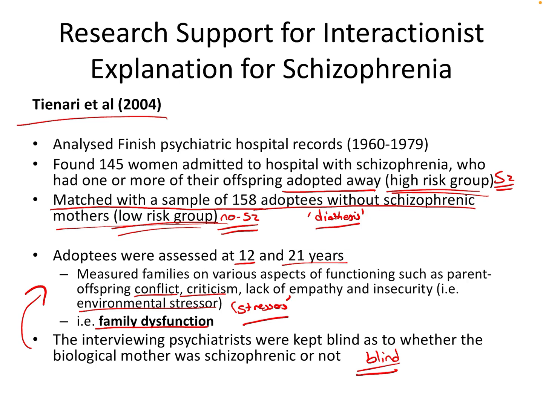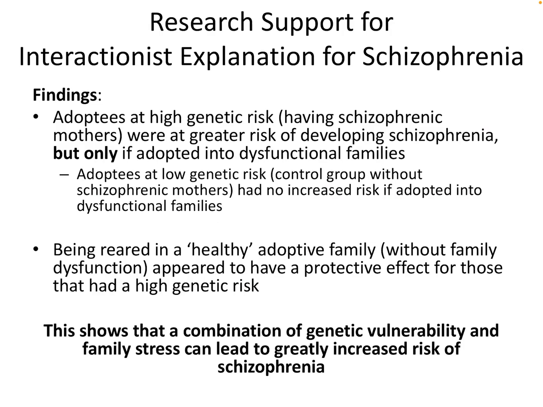So what were the findings? Well, really, really interesting. So adoptees who had a high genetic risk, i.e. they had biological mothers who had suffered from schizophrenia, were at a greater risk of developing schizophrenia. This tells us that genes are involved. So this is a strength of biological explanations.